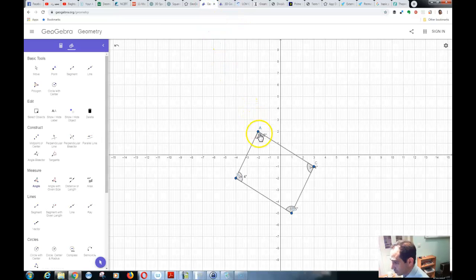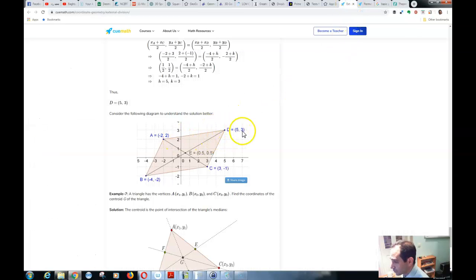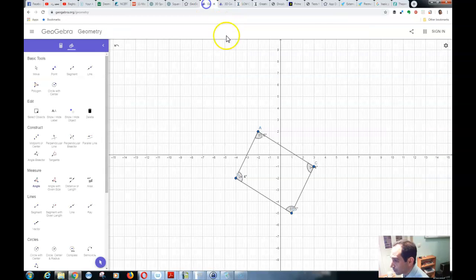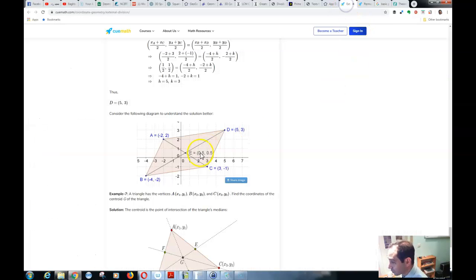But this is negative 2, 2. I don't have any 5, 3 over there. Okay, so let's say the 5, 3 is the point that they have found.